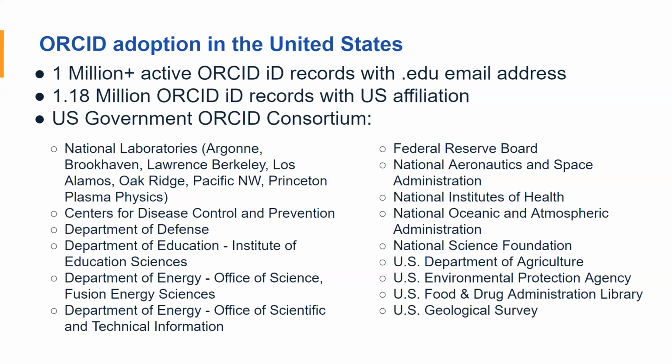Another thing to note here is that the US federal government also has their own ORCID consortium for federal agencies and national laboratories. You can see a list of all of those federal government ORCID members here. All sorts of the federal funding agencies, National Science Foundation, National Institutes of Health, etc. They're all adopting ORCID, and we'll talk more about this on the next slide.